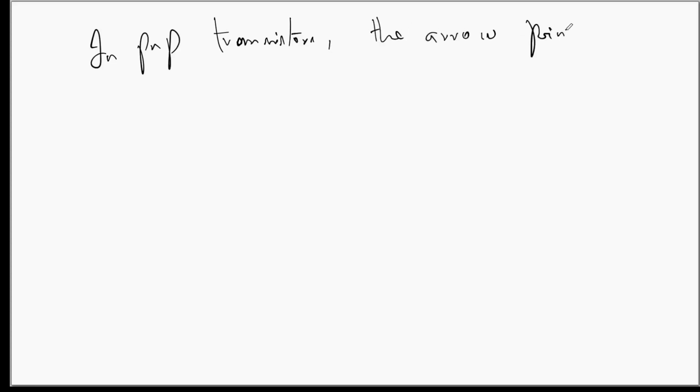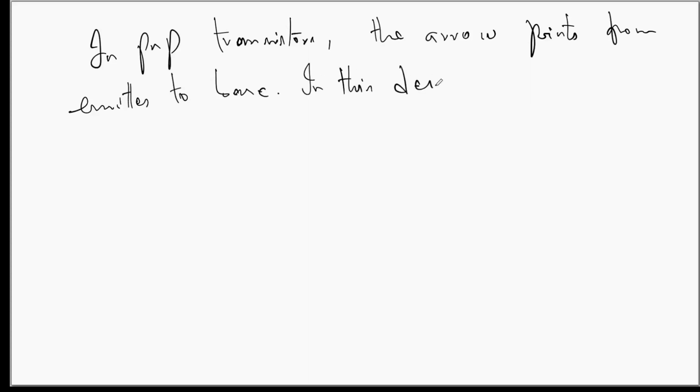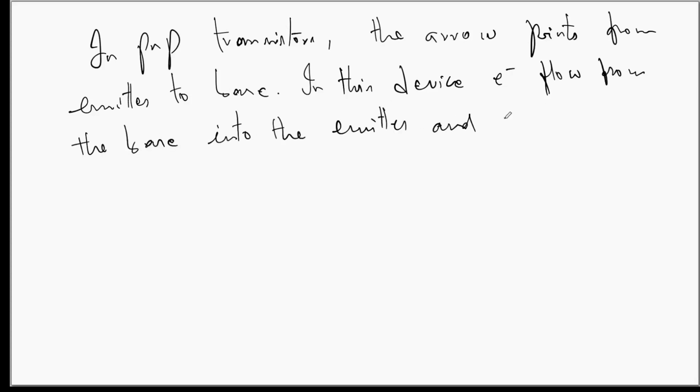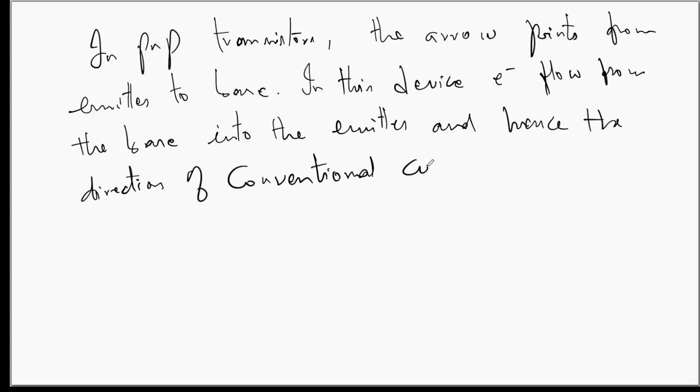In PNP transistors, the arrow points from emitter to base. In this device, electrons flow from base into the emitter, and hence the direction of conventional current flow is from emitter to base.